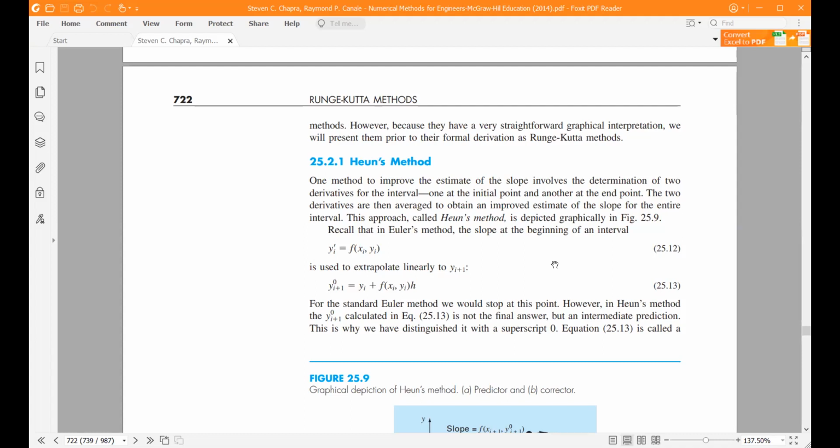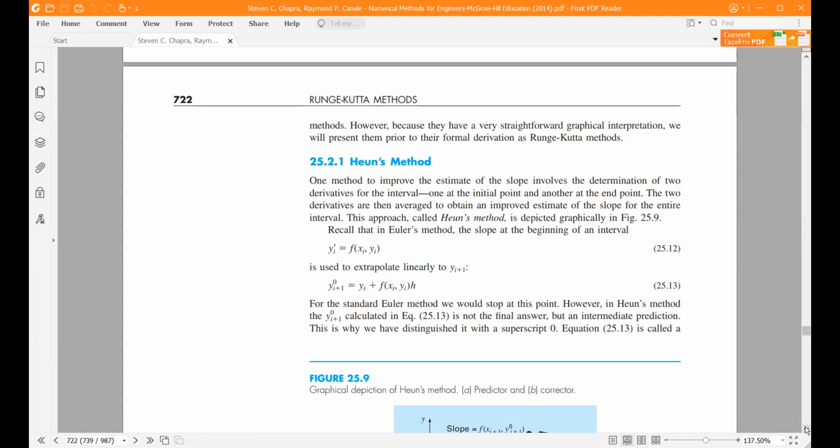Okay. So if we want to proceed in the formal way, you see that your slope is calculated at the beginning, at (x_i, y_i), by using 25.1.2 as usual. Then this value of the slope is used to calculate the value of your function y_{i+1}. A superscript 0 is used there to signify that this is not the final value of your solution.